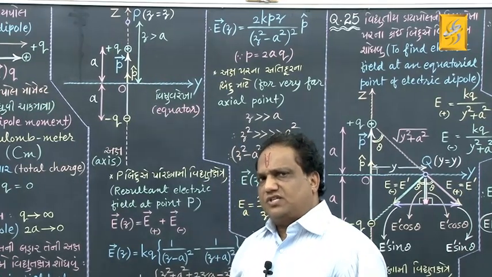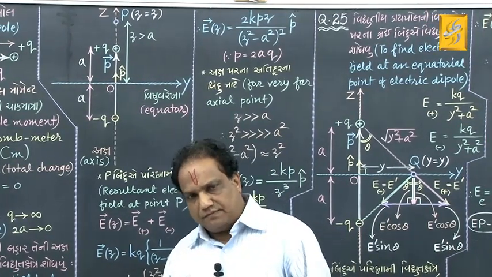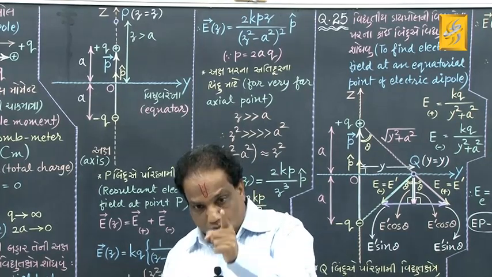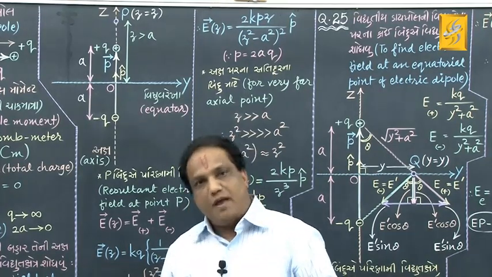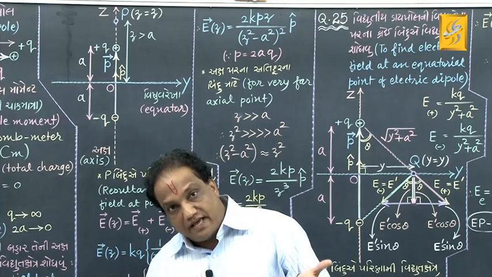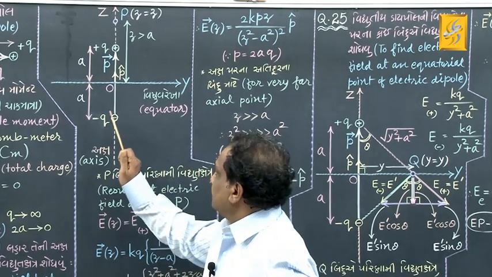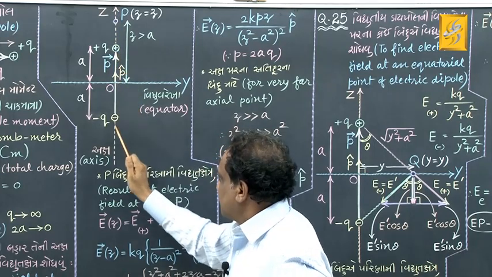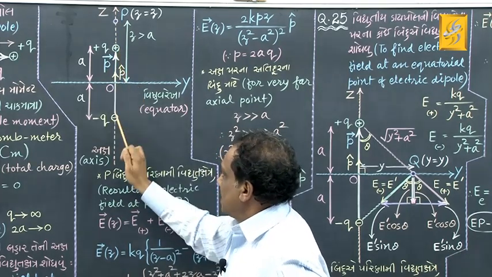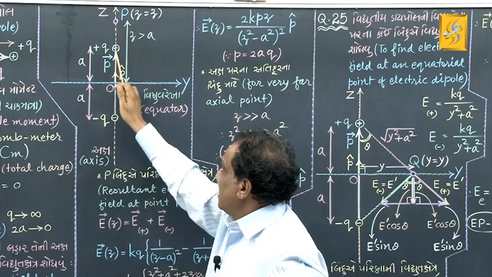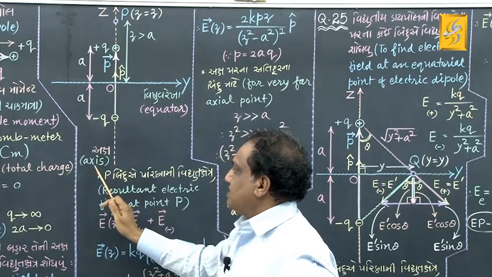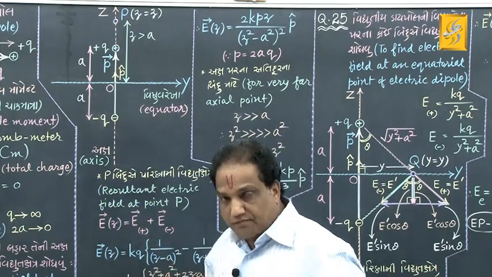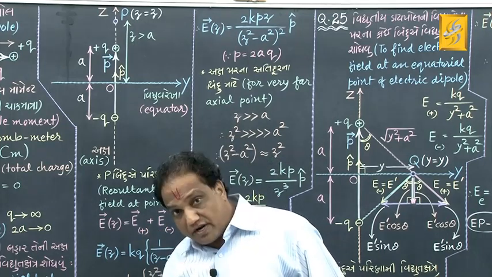What do you mean by axis of a dipole? Very simple. A line passing through the two charges of a dipole is called an axis. This is the line passing through these two charges, and that very line is called the axis of the dipole. Then what do you mean by an equator?